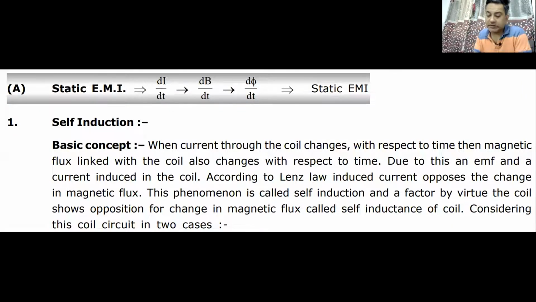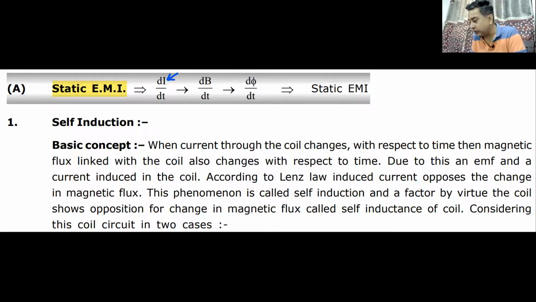Now let us deal with those cases one by one. The first thing is static EMI. Nothing is going to move. What are we going to do? We'll have a coil. A coil is nothing but a wire turned like this. This coil has an area. I am going to change the current in the coil.